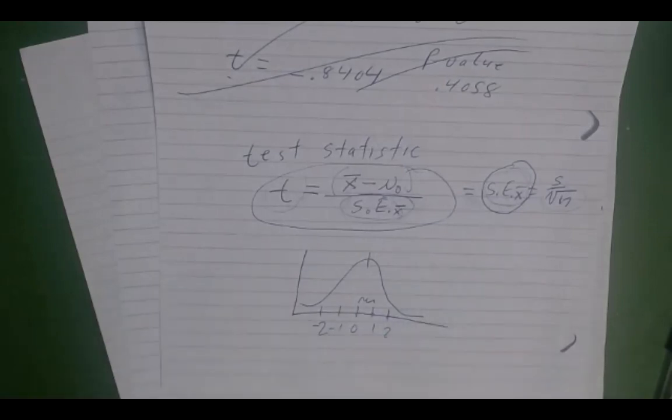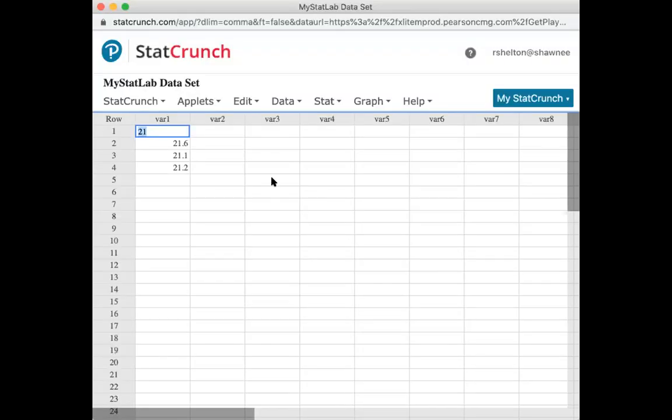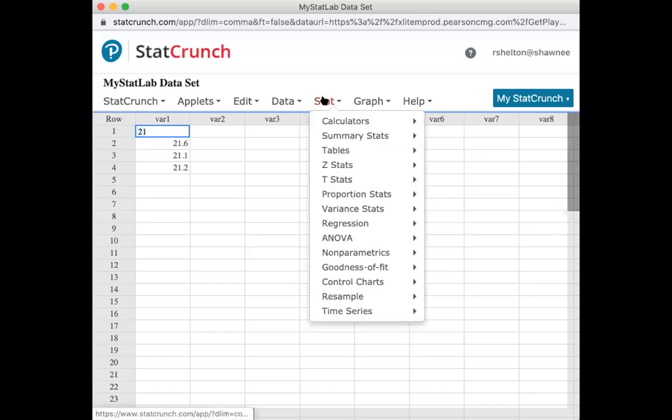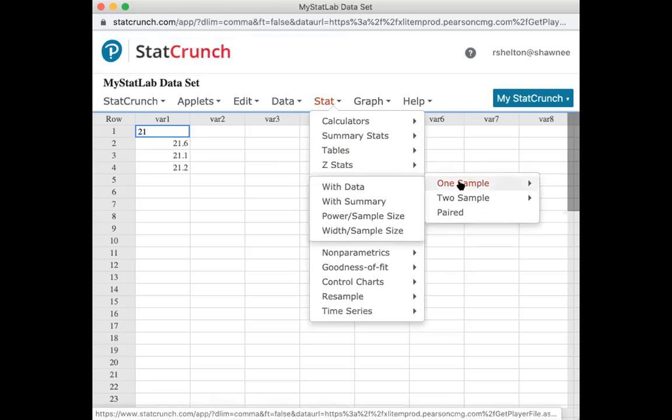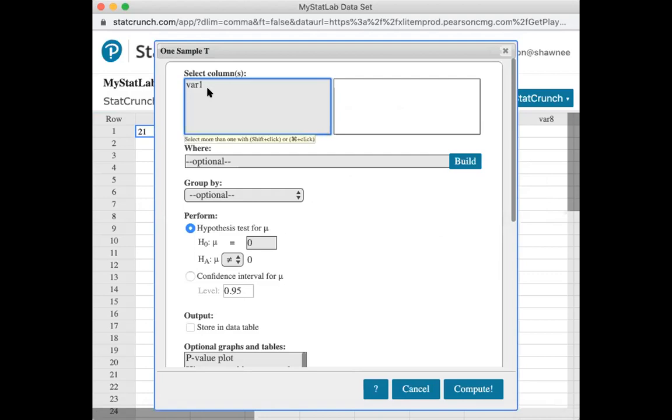Let's go back to StatCrunch and share it. Okay, and we want the test statistics, so let's go T stats. It's 1 sample. We have the data. We click there, we select it.